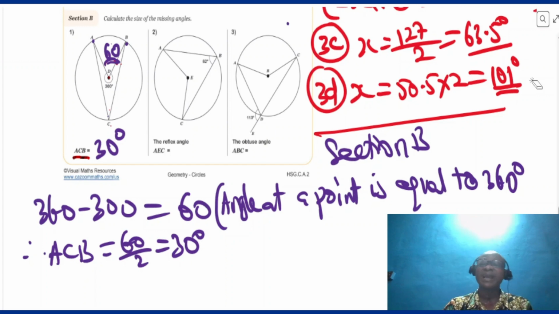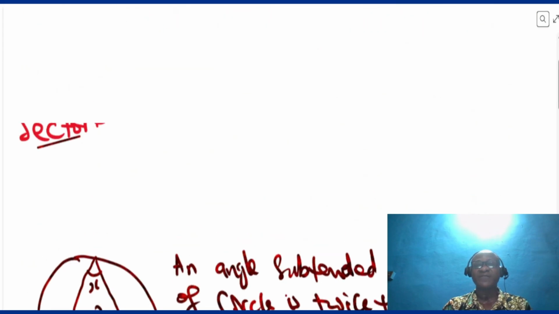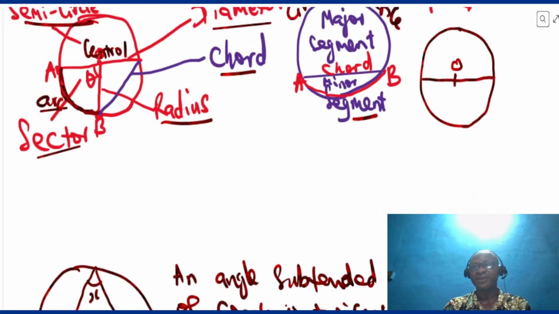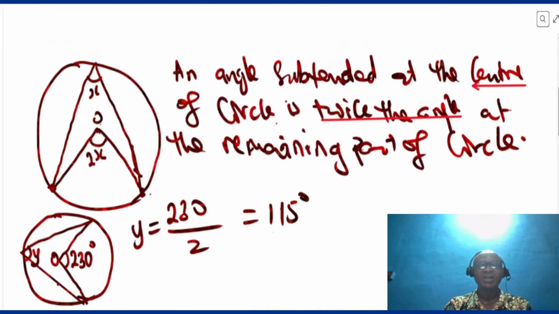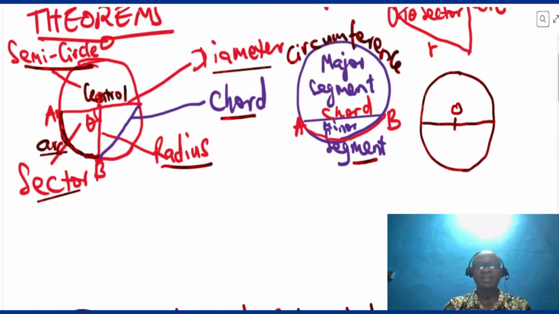The first theory I have given to you is that the angle at the center is twice the angle at the circumference, and I wrote it down for you. It is here. Let me start from the first thing I said: I gave you the main keywords that are used in circle geometry.